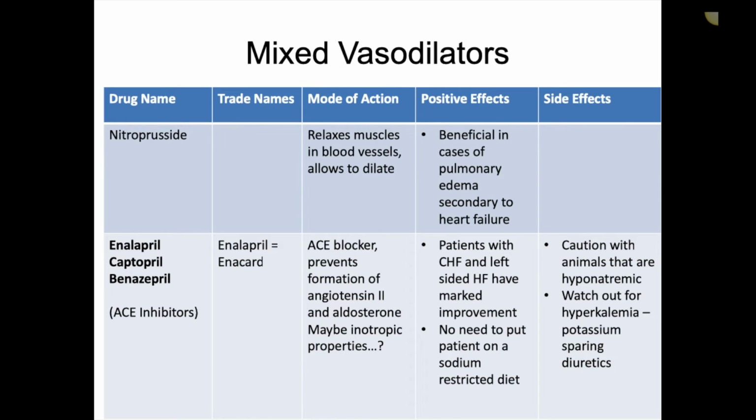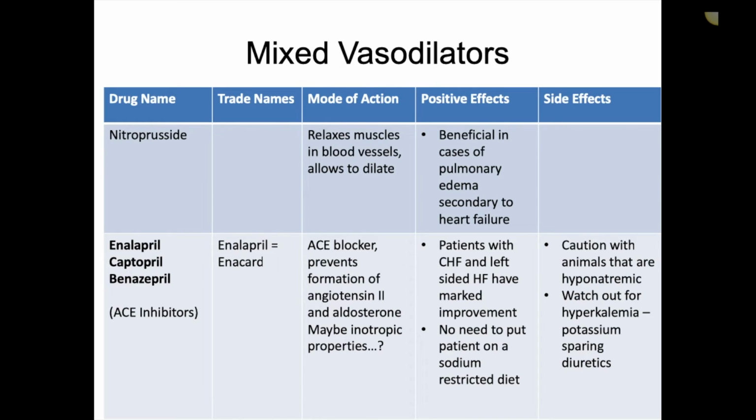Next up, we have enalapril, captopril, and benazepril, which are ACE inhibitors. Enalapril, most often you'll know it as Enacard. They're all ACE blockers. They prevent the formation of angiotensin II and aldosterone, and maybe some inotropic properties.